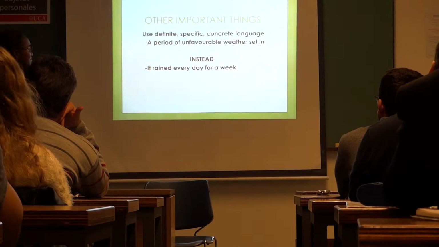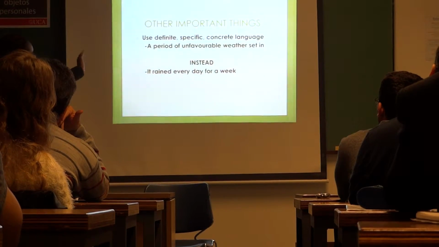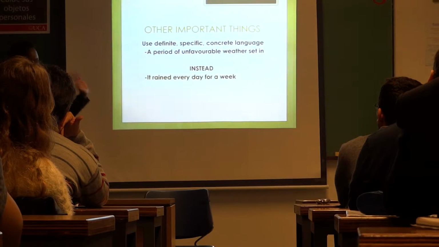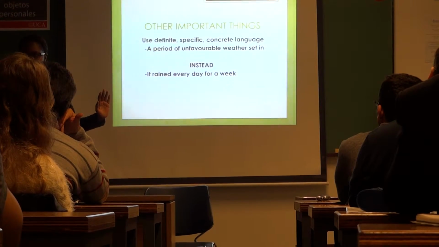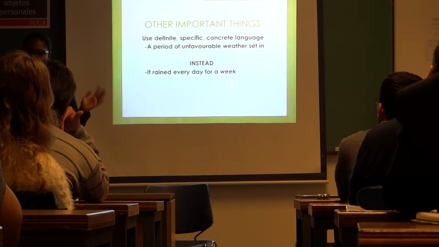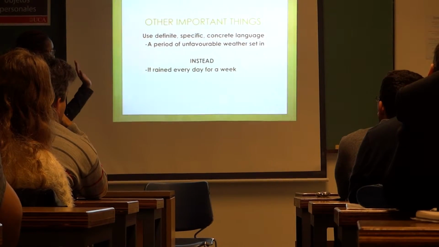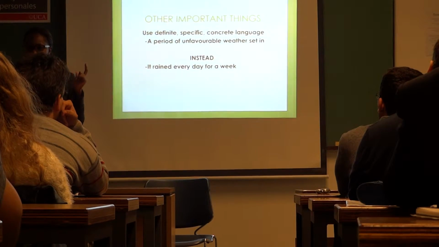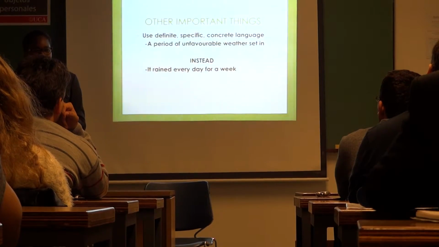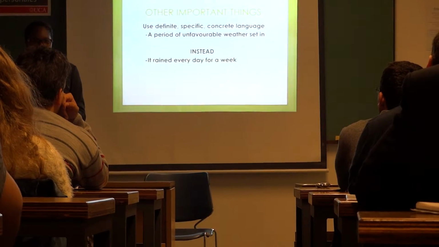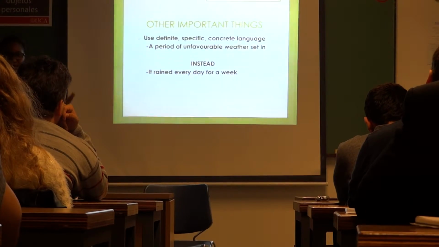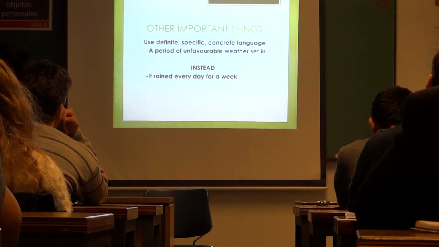For example, I gave an example of, instead of using a period of unfavorable weather setting, it rained every day for a week. You see, the difference is, one is very specific, the other one is vague. So imagine a whole paragraph with very vague sentences. It doesn't really seem appealing, it doesn't really capture the attention of the reader. You understand? If you have any question in the course, you can just stop me.